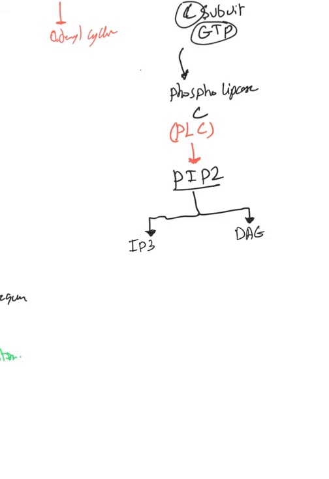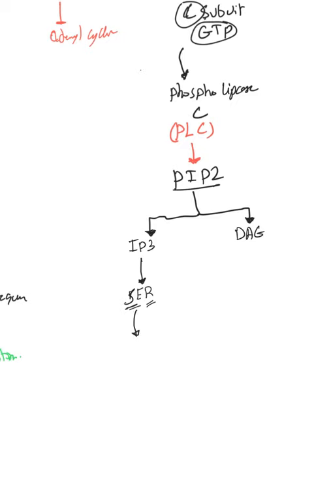IP3 goes and binds to a receptor on the membrane of the smooth endoplasmic reticulum. And as we know, the smooth endoplasmic reticulum has a high concentration of calcium.